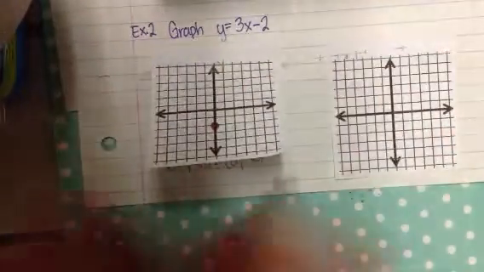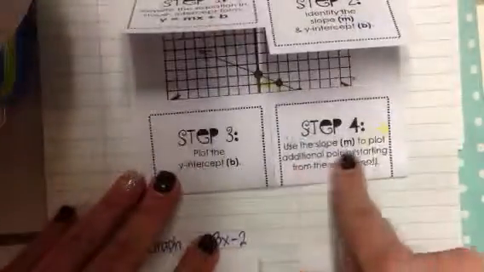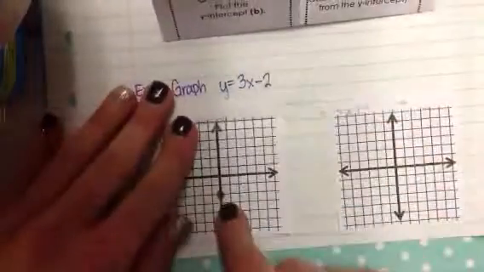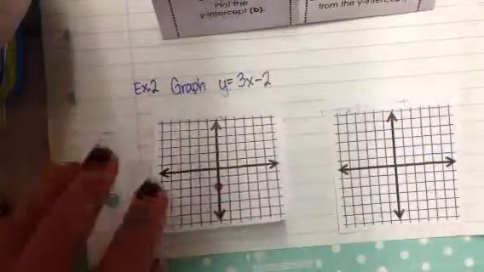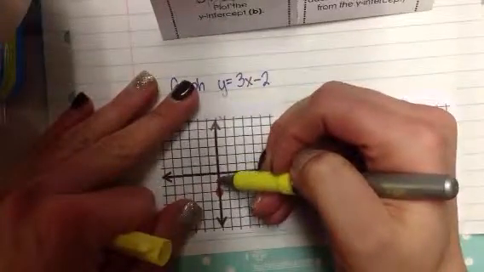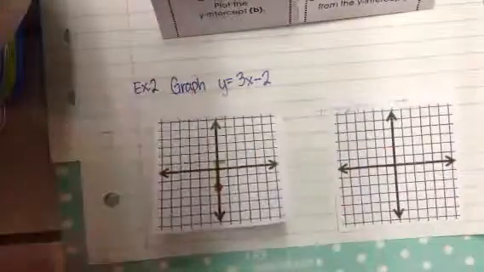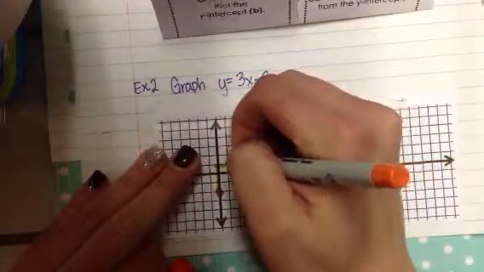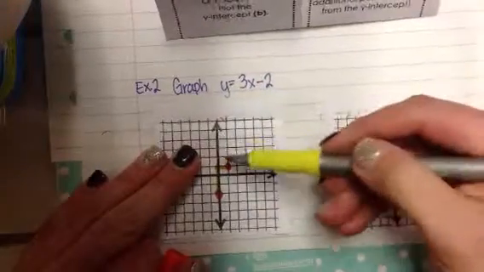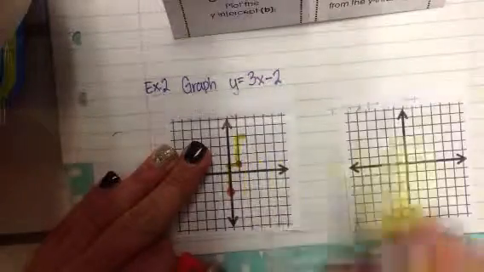And then step 4 is to use the slope to plot additional points starting from the y-intercept. So there's my y-intercept, and my slope is positive 3. So I'm going to go up 3, 1, 2, 3, and over 1. And there's my next point. And then I'm going to go up 3 and to the right 1.